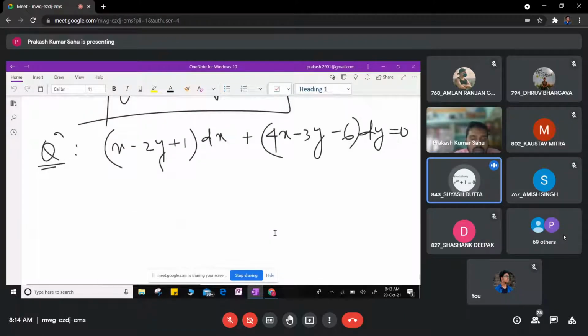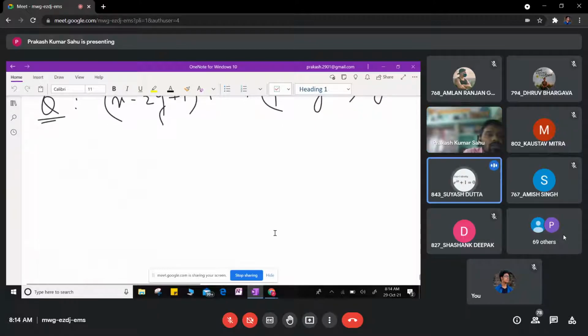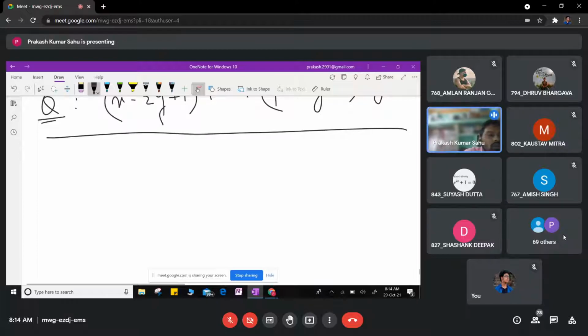Sir, there was a question in 1.3, question number 19, about exponential growth: the growth rate of the number of bacteria at any time t is proportional to the number.